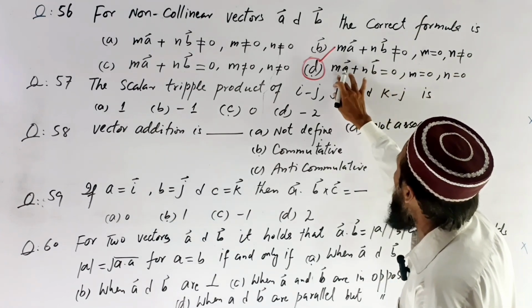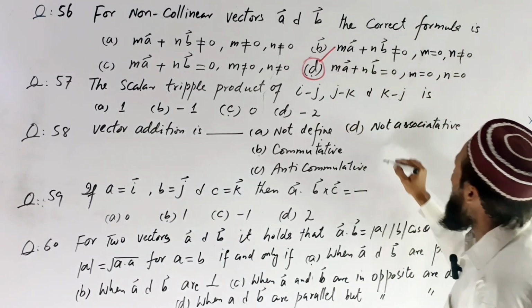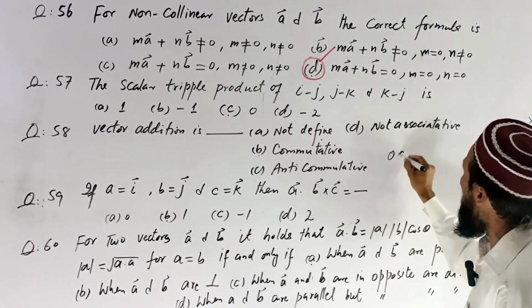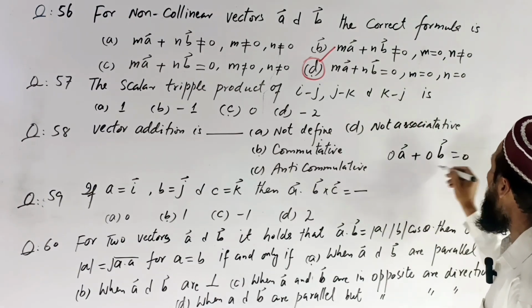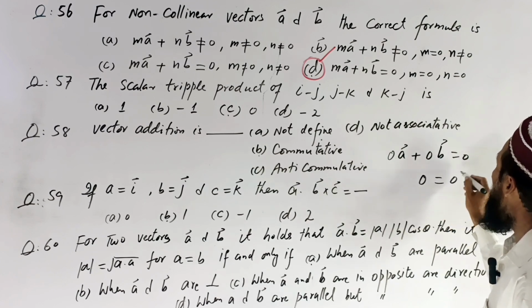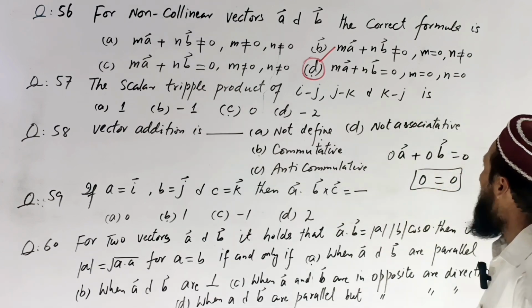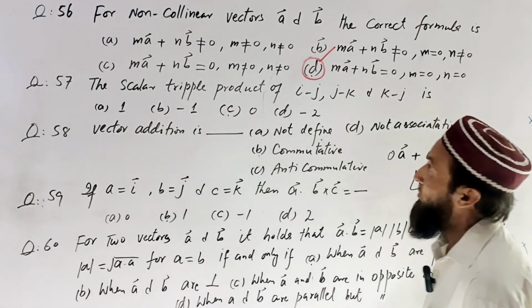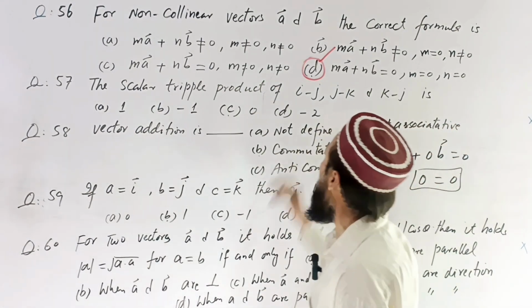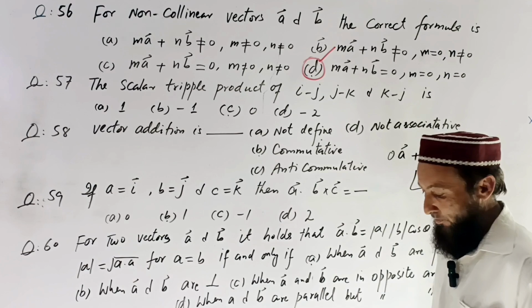If we replace them with 0, we will get 0a plus 0b, and the result will be equal to 0. So 0 is equal to 0, and this condition is satisfied in the case of non-collinear points. So the correct answer here is D.